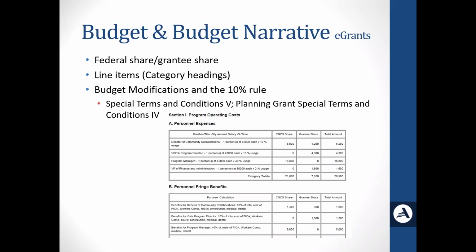A is your personnel expense, B is your fringe, C is travel, and so on. One thing we talk about is line items. When we say line item, what we mean is the category heading. So personnel expense, fringe benefits, etc.